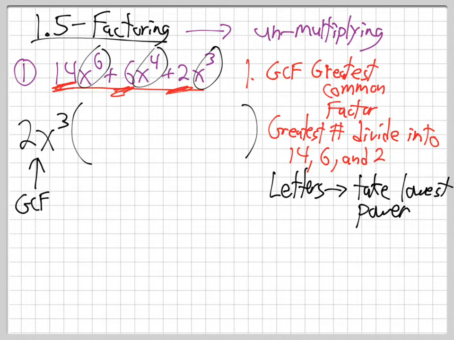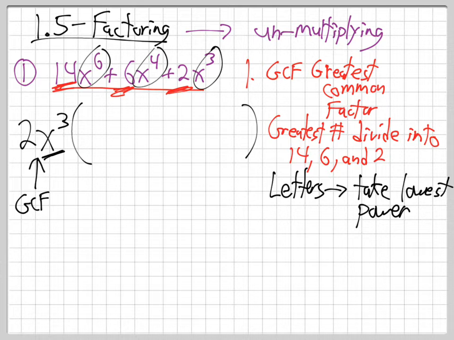Somebody has 6 quarters. Somebody has 4 quarters. Somebody has 3 quarters. Looking at those powers, how much do they all have in common? 3. They all have at least 3, don't they? That's the greatest amount they have in common. See how that really is the GCF, even though it's the lowest power, it is the greatest amount they share in common, isn't it?